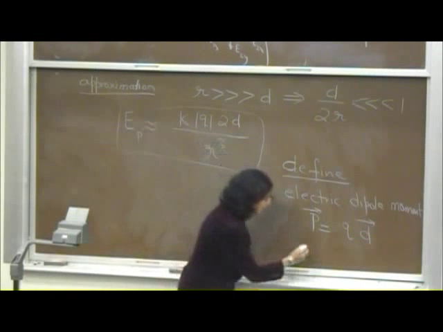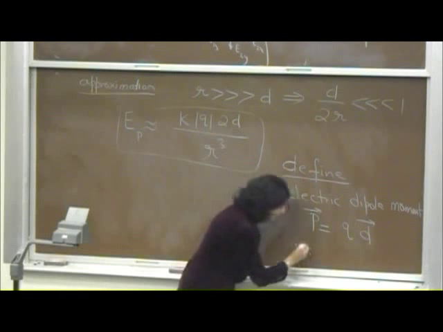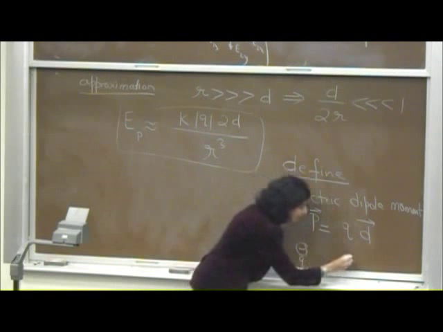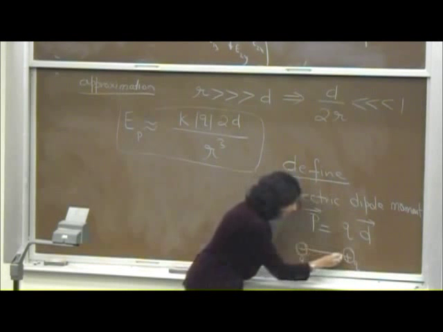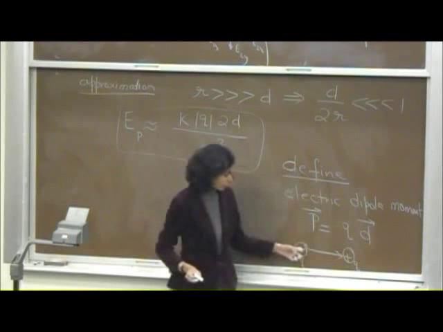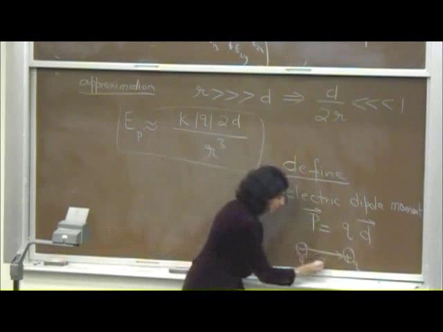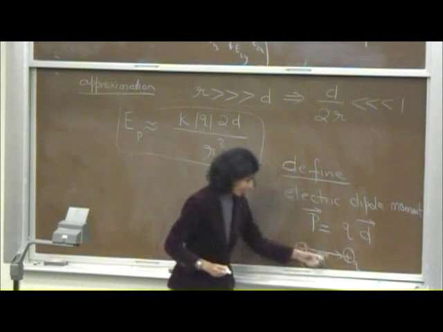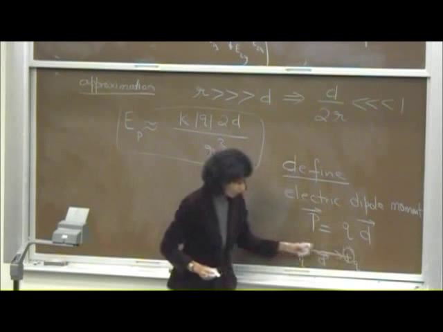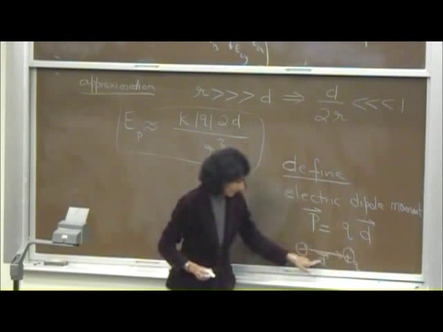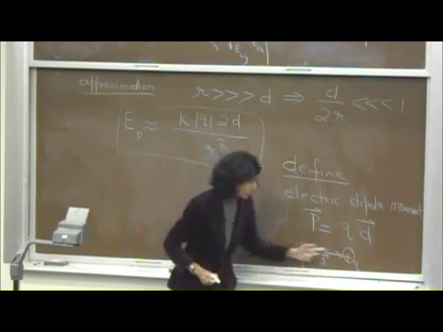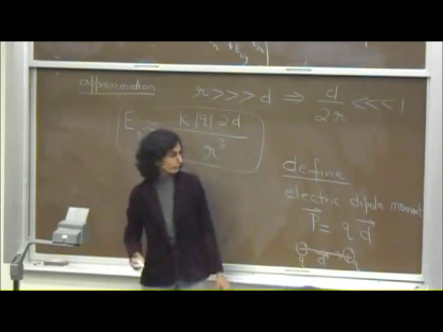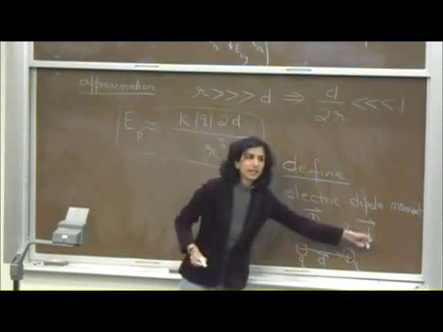If this is a negative charge Q and this is a positive charge Q, then the electric dipole moment p is pointing from the negative to the positive charge. d is now not just the distance between the two, d is a vector that points from the negative towards the positive charge. Is everybody understanding what the electric dipole vector is now?